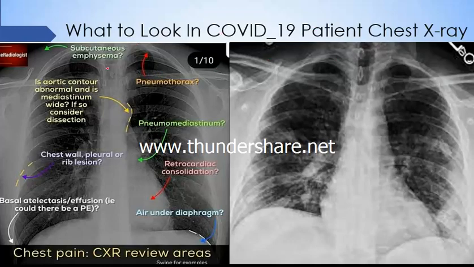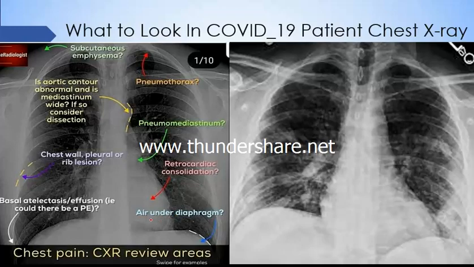First of all, you should look for whether pneumothorax is present or not, and also for subcutaneous emphysema. And other things in the periphery, you should look for lesions of the ribs or pleura. And also you should look at this angle, as I told, for the effusion.